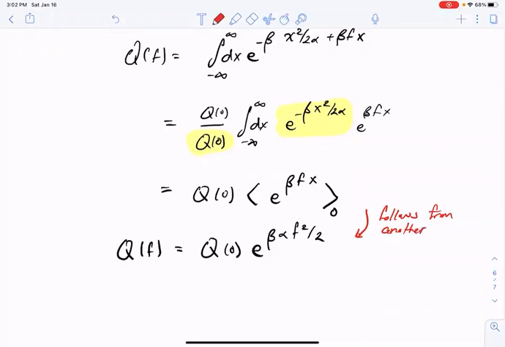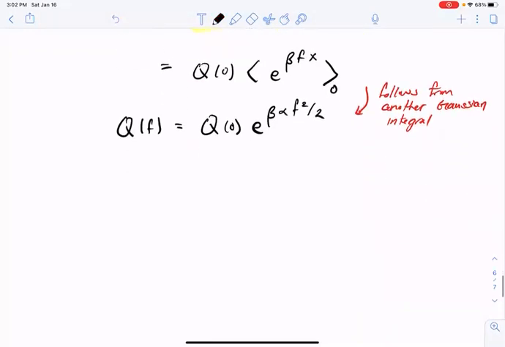This is a consequence of another Gaussian integral. One worth committing to memory.